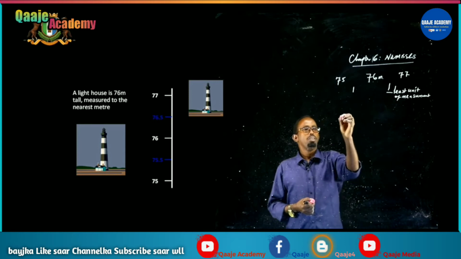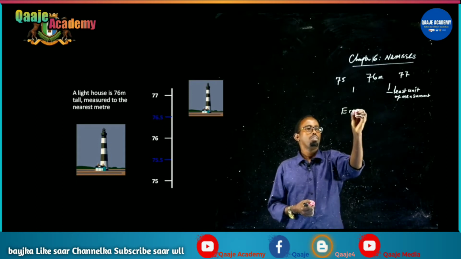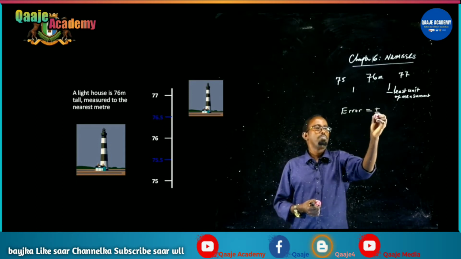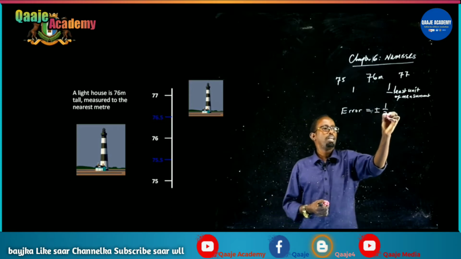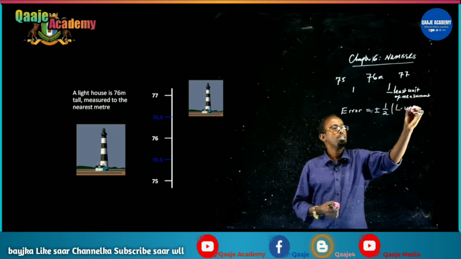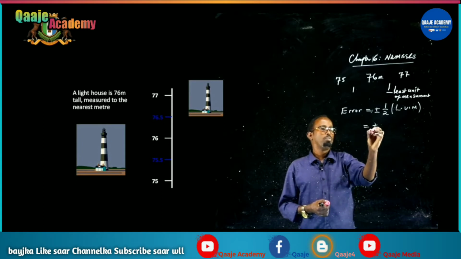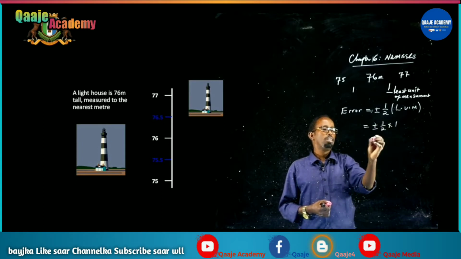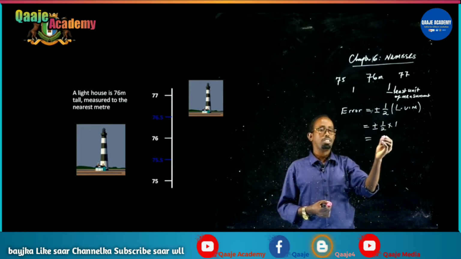Now the error will be equal to plus or minus half into bracket the least unit of measurement. The least unit of measurement is 1, so half multiplied by 1 is the same as half, which is 0.5.